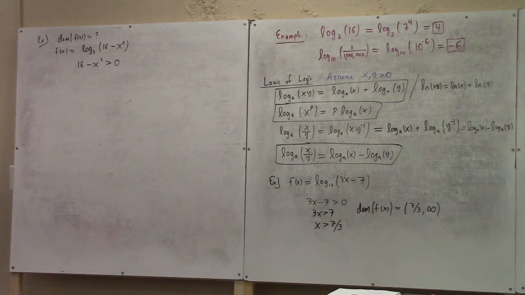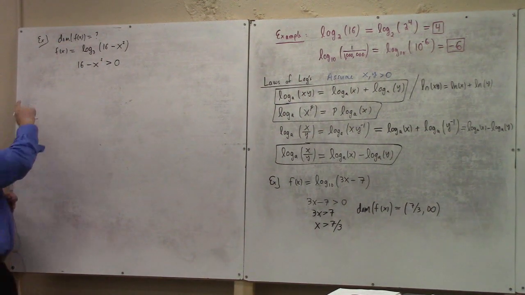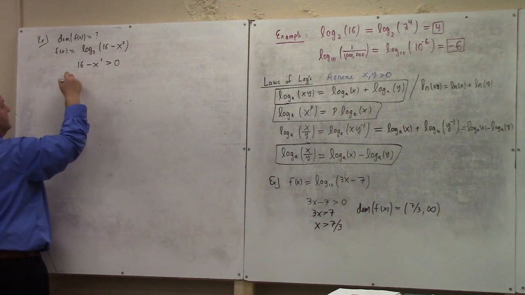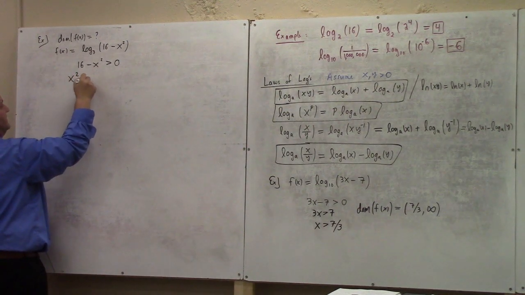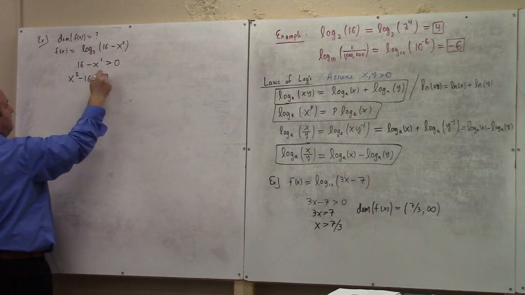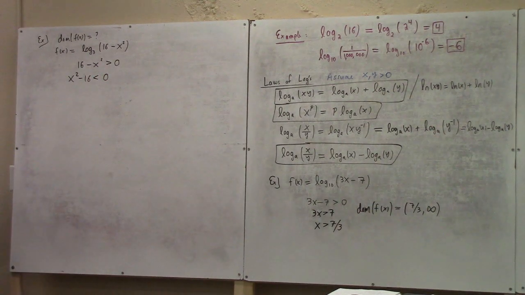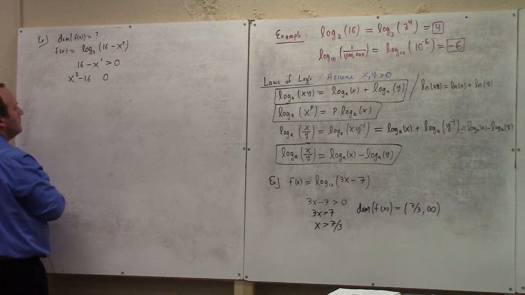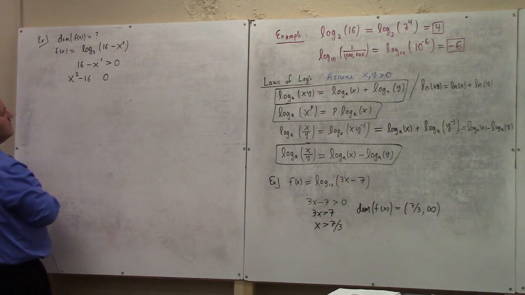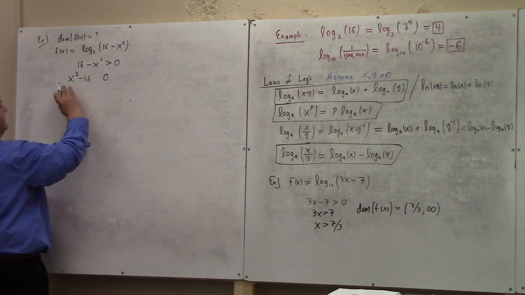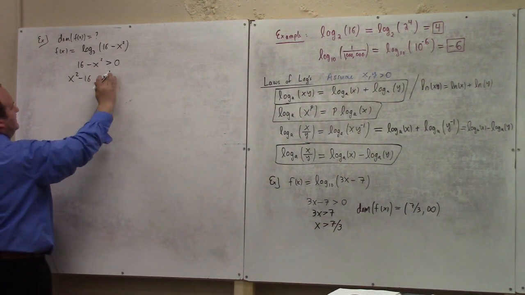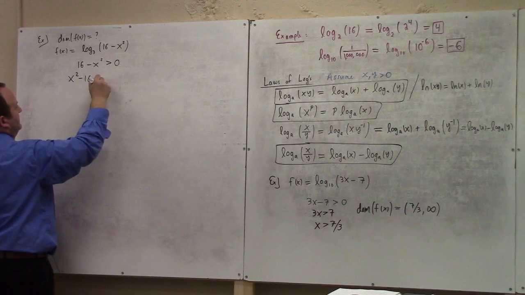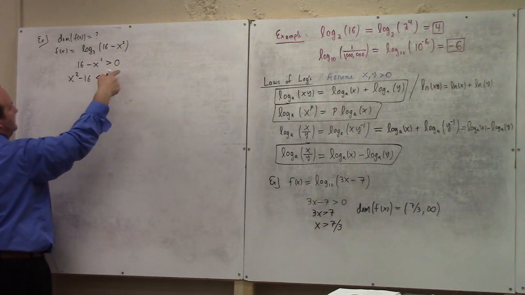Minus 16 on both sides. Oh, you want to move it to the other side? So that's negative x squared. Well, I would suggest x squared minus 16 is less than 0. I mean, multiply this by minus 1.